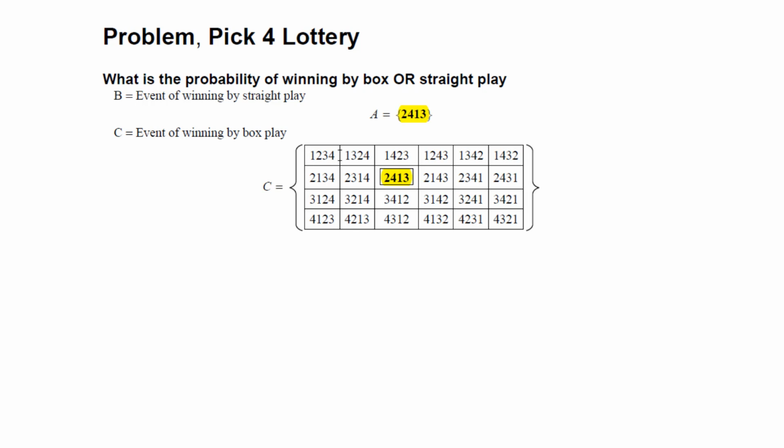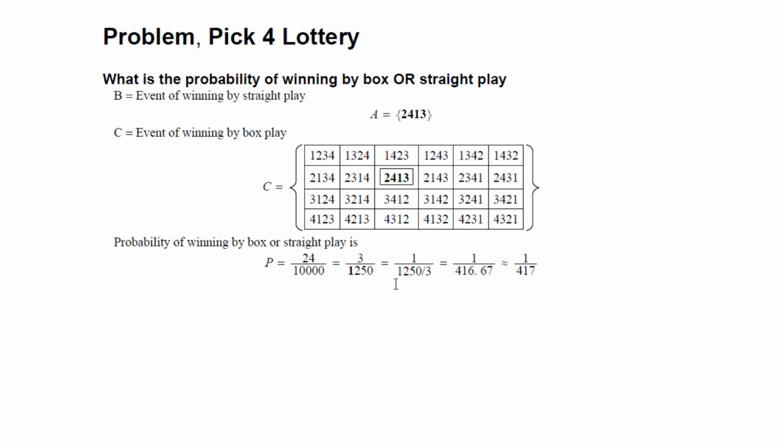We have 24, and there is 1 mutual element, so this element is not going to be counted twice. So we have virtually 24 elements. So the probability is 24 divided by 10,000, and the probability is 1 out of 417. So our odds are 1 in 417 trials.